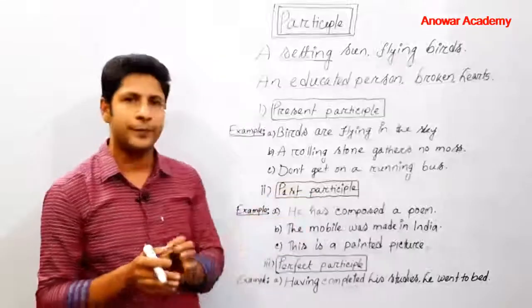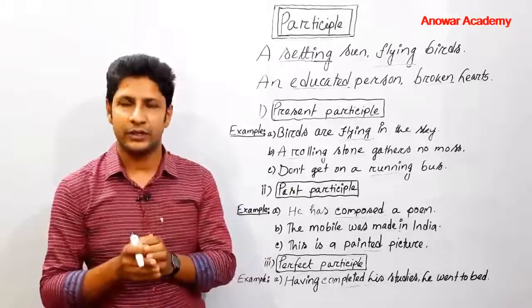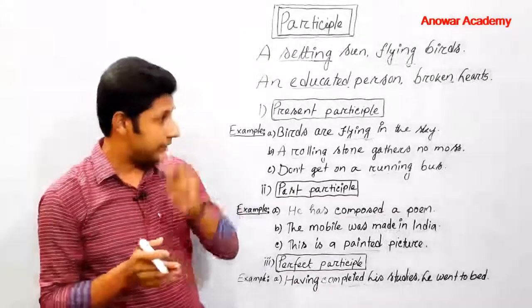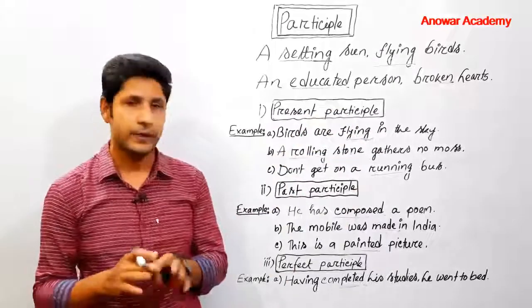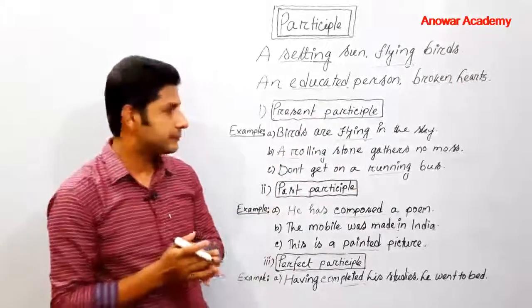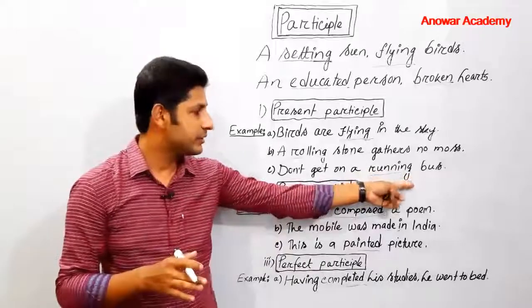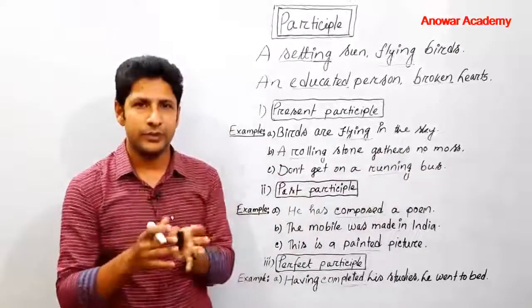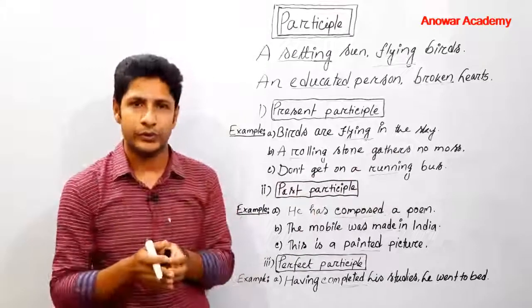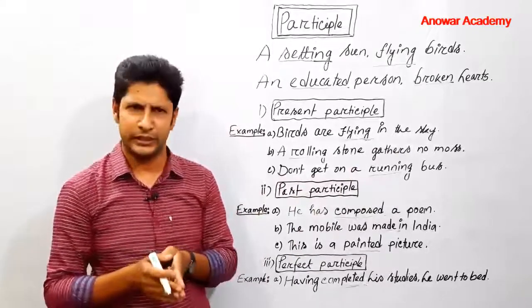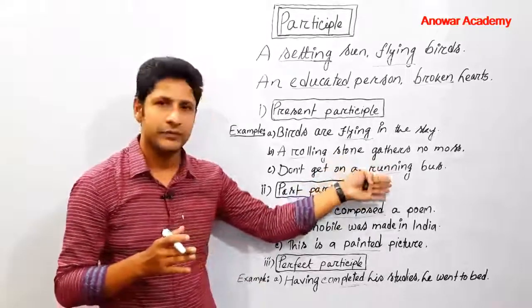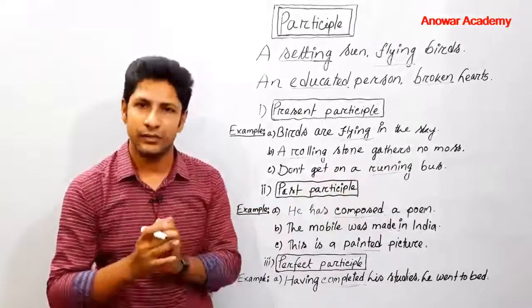Past participle indicates an action which occurred in the past. And you can see present participle takes an object like the bus. That's why present participle is also called double parts of speech in English. It functions like an adjective and as a verb.